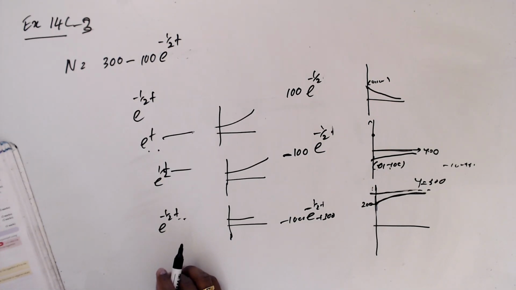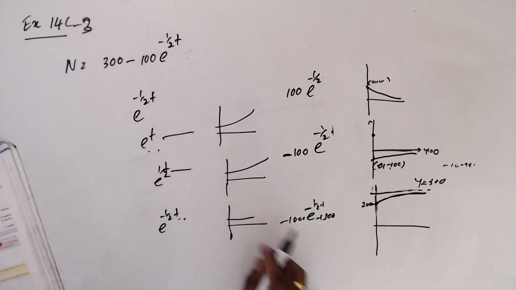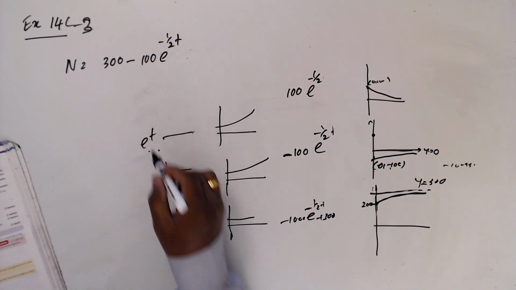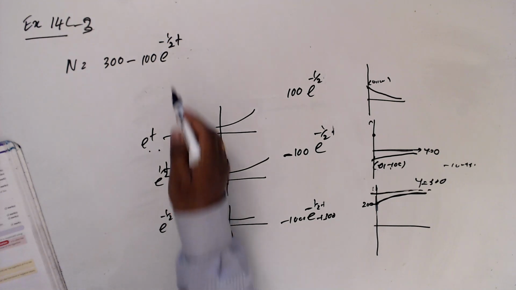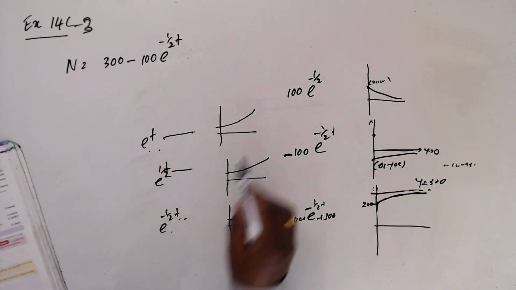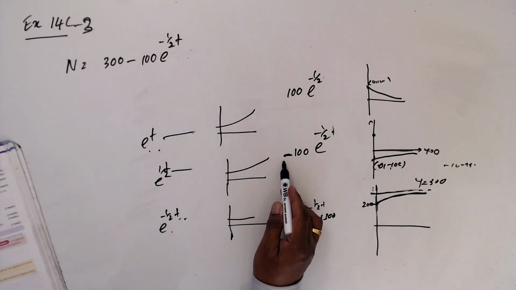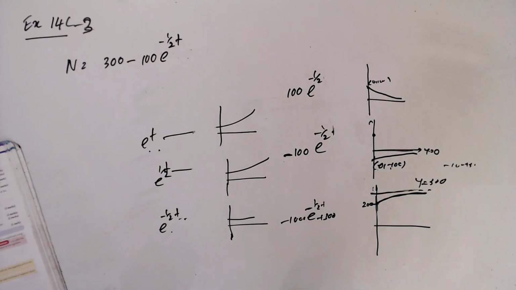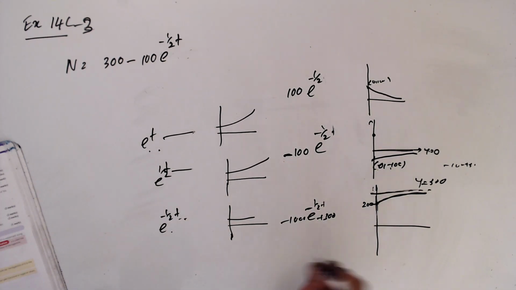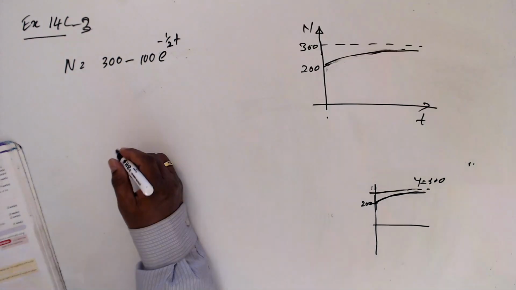So you should have this analyzing skill. I start with e^t, e^(half a t), then I negate it, then multiply by 100, then minus 100, and then add. You need to know the transformation step by step to get an idea or to sketch.